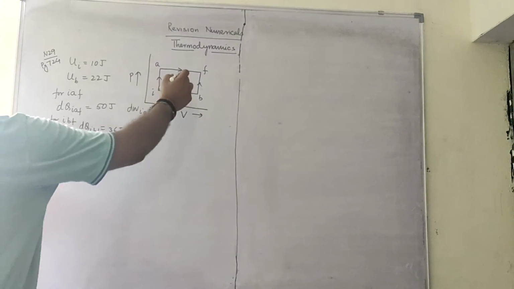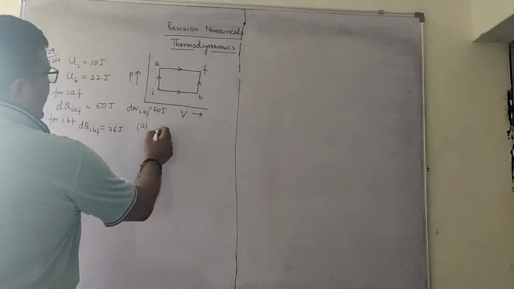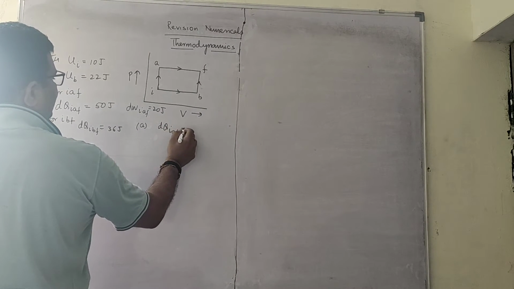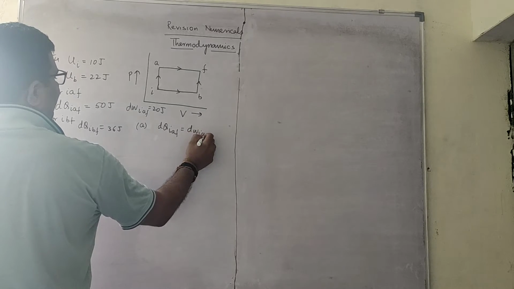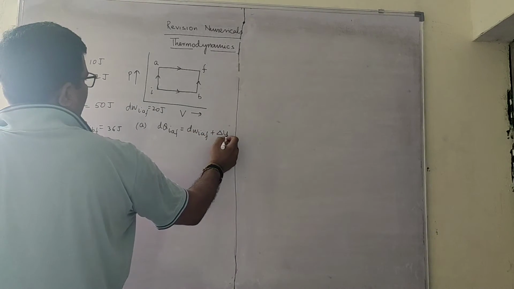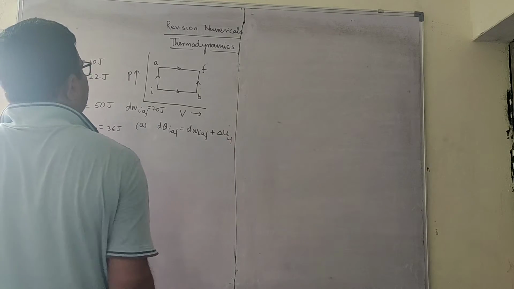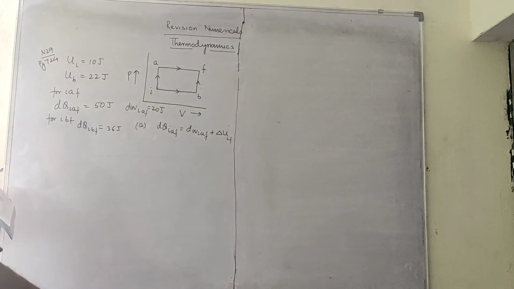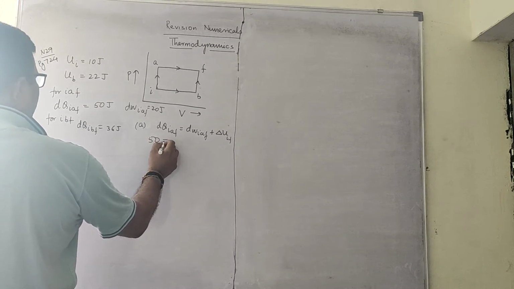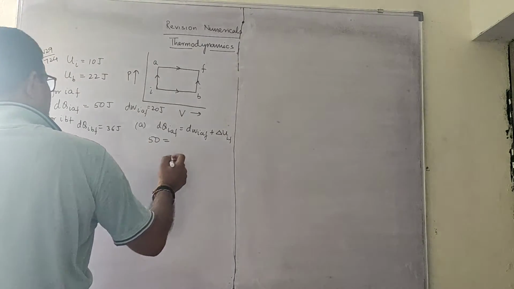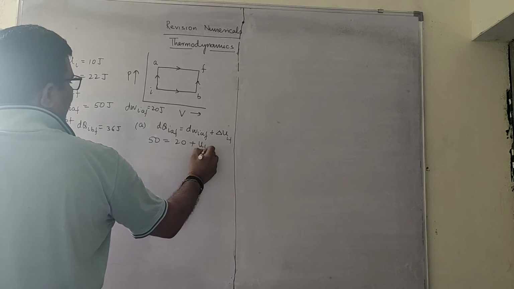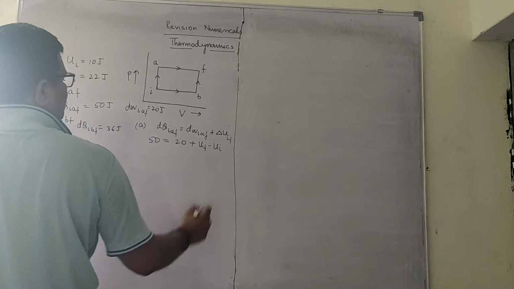You have to find internal energy at F. You are provided with dQ along IAF is equal to dW along IAF plus delta U along I and F. So here dQ is 50, dW is 20, plus delta U means UF minus UI.